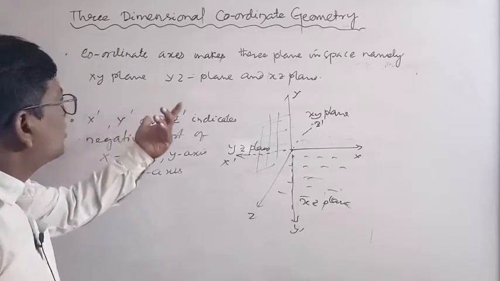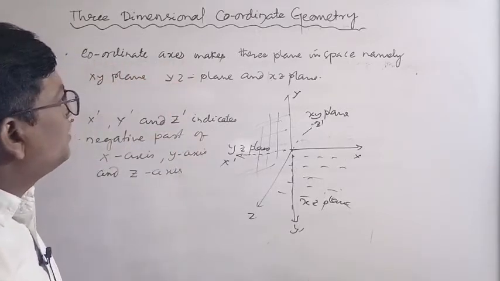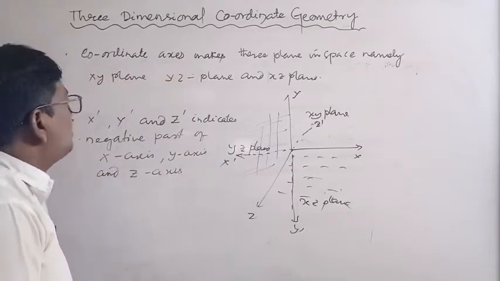These three planes are called what? The coordinate axes make three planes in space: the xy plane, yz plane and zx plane.